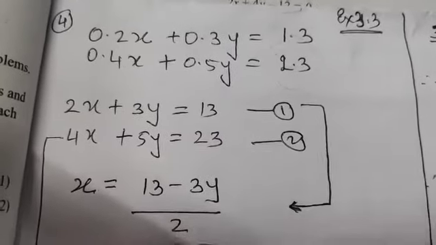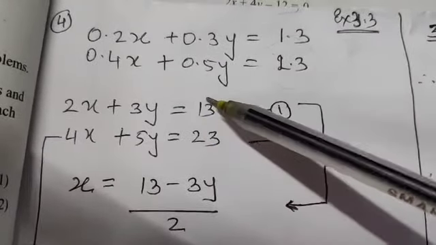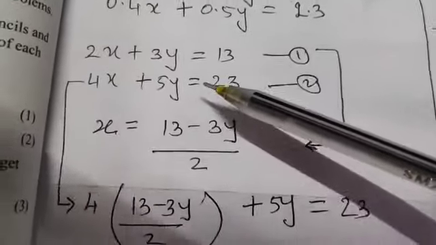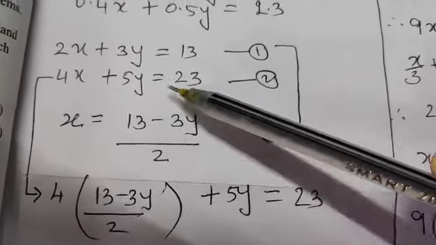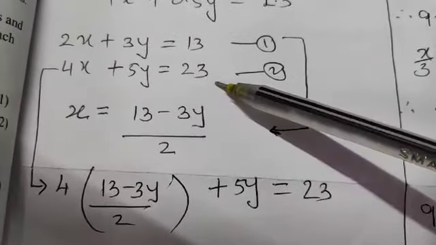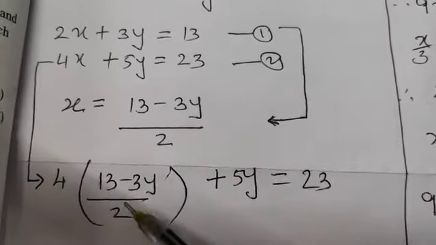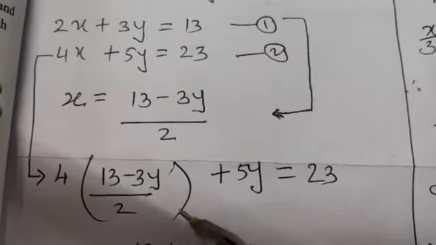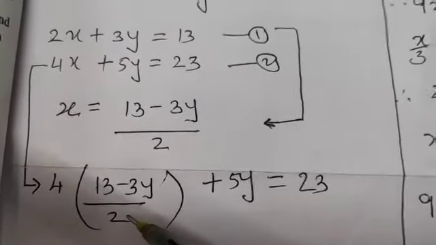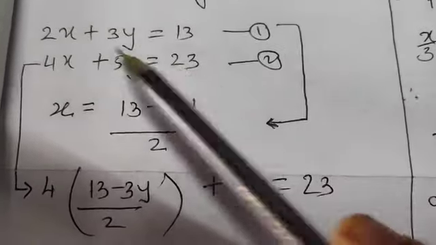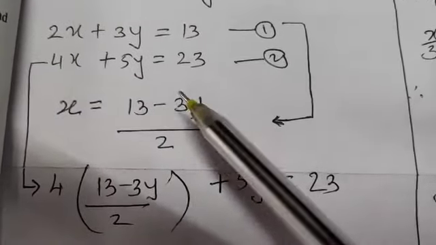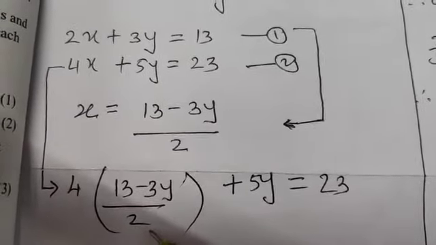So this is the value of x which I got from the first equation. Now this value of x I am substituting in the second equation. Second equation is 4x plus 5y is 23. So 4 into x, place I leave vacant where I can substitute this value, plus 5y is 23. I copy the equation, but the x value I have taken from the first one.